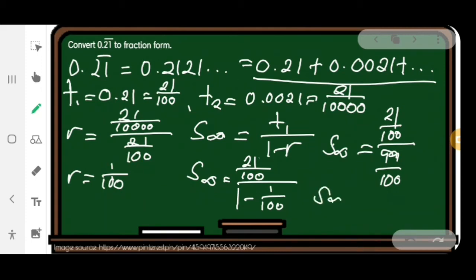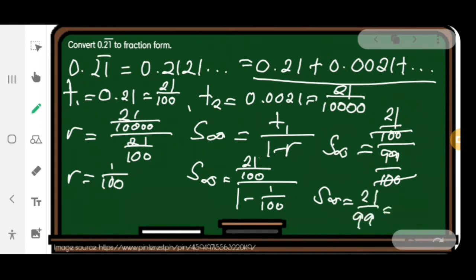Now I have another shortcut for you. When you are dividing fractions and they have the same denominators, you just cancel the denominators. Again, this one is another shortcut. So we are going to remove 100, and then we now have 21 over 99.